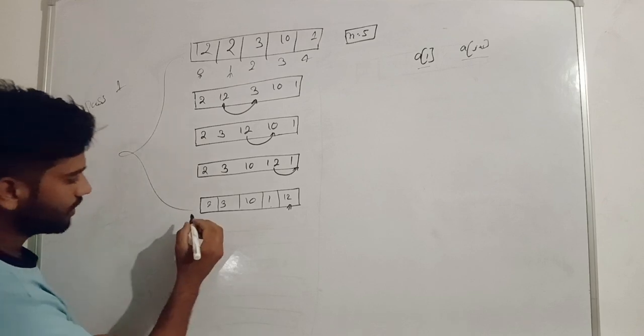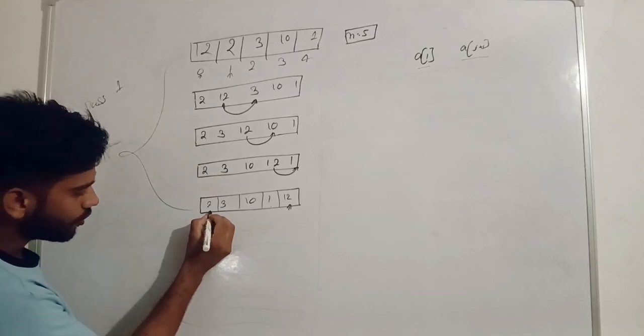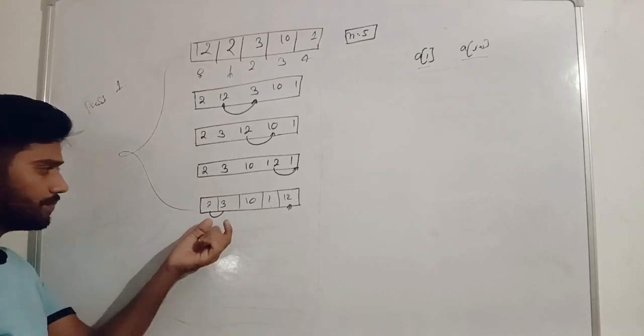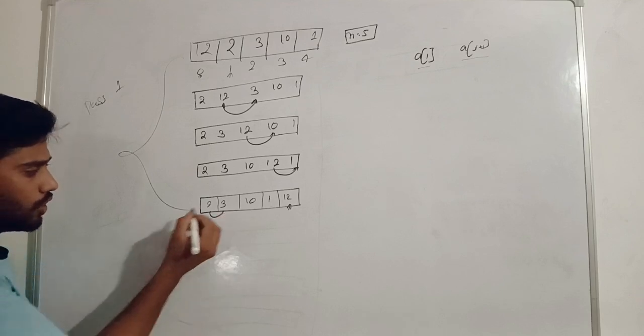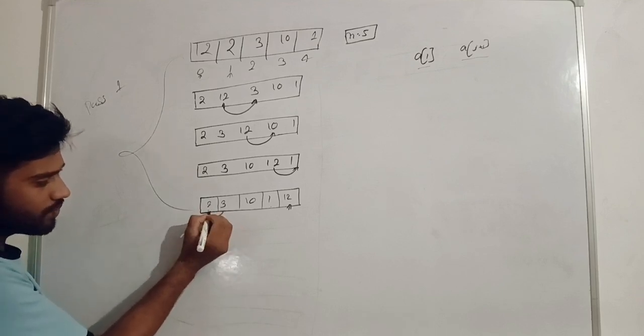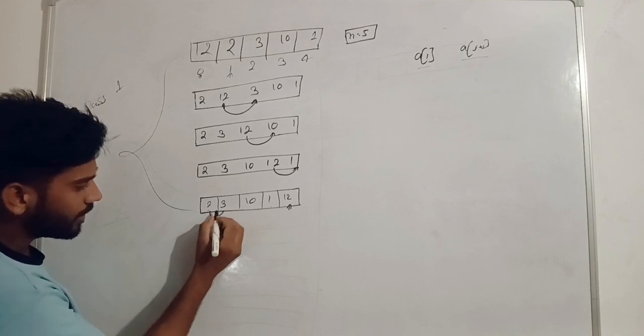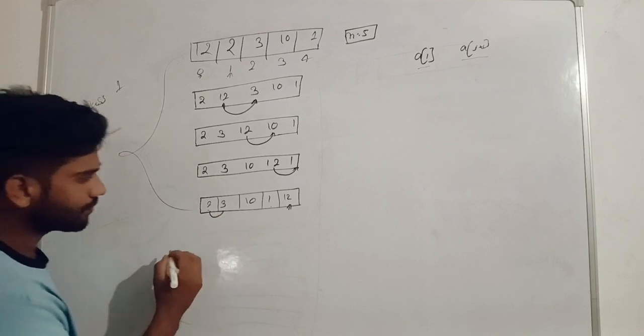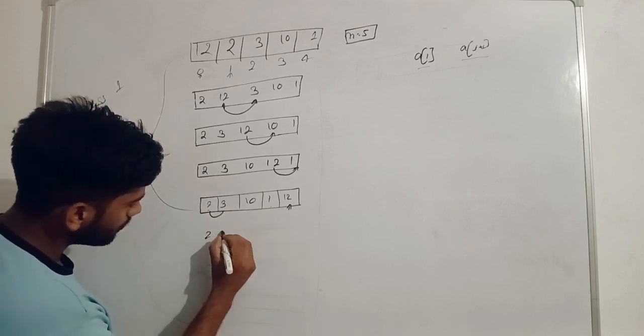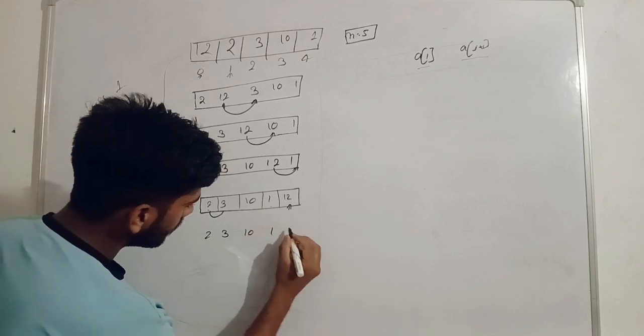On the second pass, it will check 2 and 3. These are in the right position, so there is no need to swap them. It stays 2, 3, 10, 1 and 12.